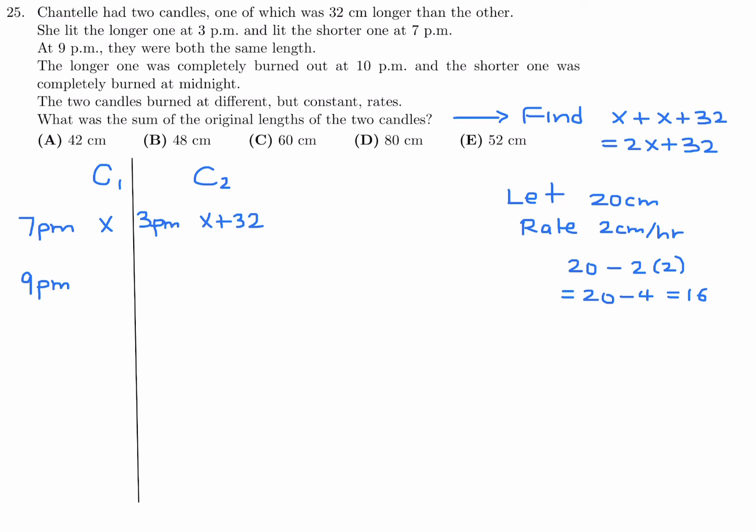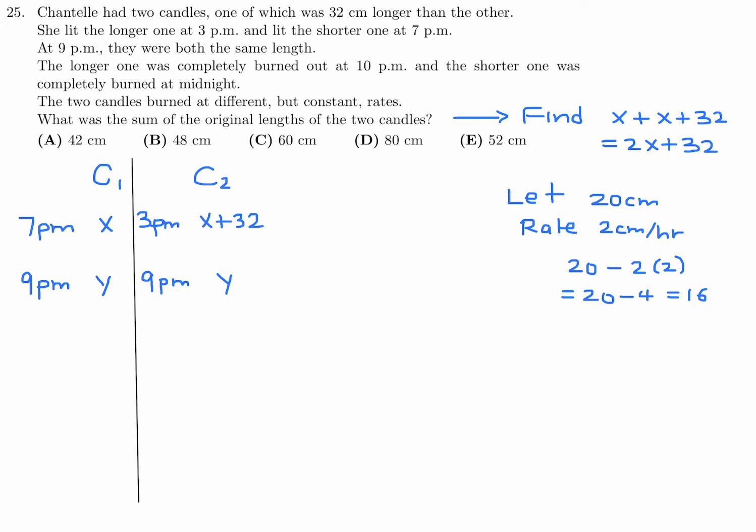And they're saying that at that point, they are both the same length. I'll call it y. I have no idea what the length is, so we'll just say y, because they're both the same length. Therefore, I can call both of them y.